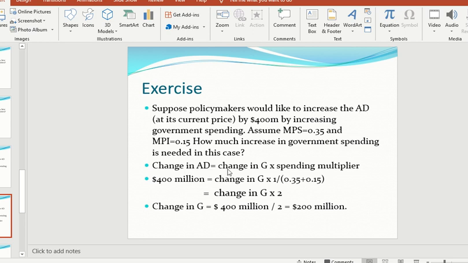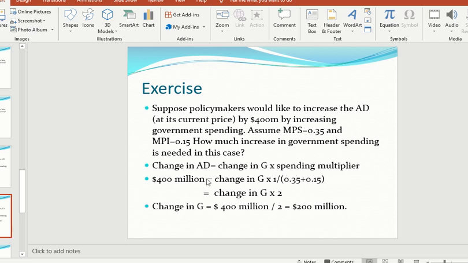So the setup, as you can see, is still the same. We have the change in aggregate demand and the change in one of the components of aggregate expenditure, in this case that's government spending, multiplied by spending multiplier.